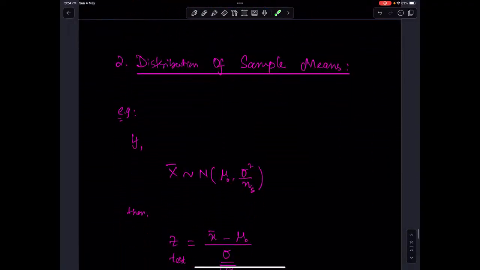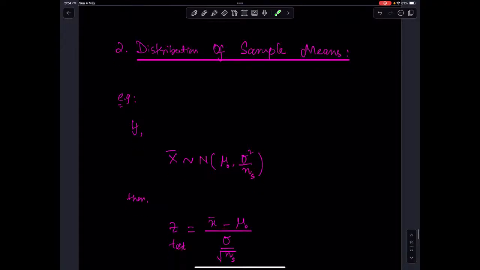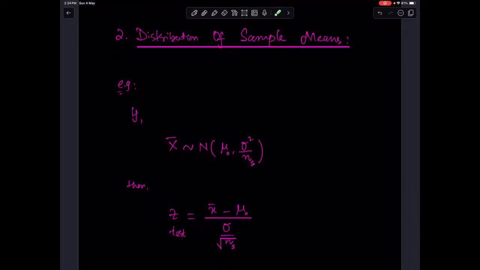Now, distributions of sample means. And for these types of questions, you must be good at sampling. So x bar is approximately normal and mean is mu naught and variance is sigma square over n. Let me show just one table.